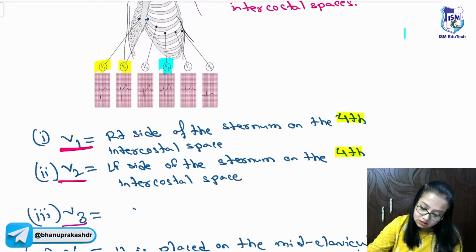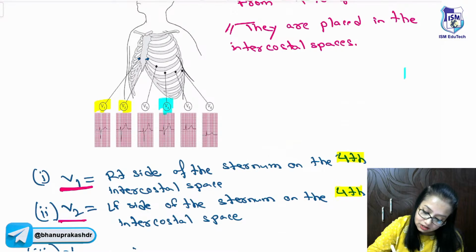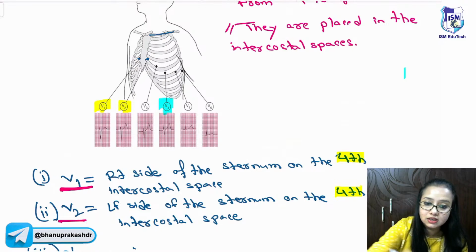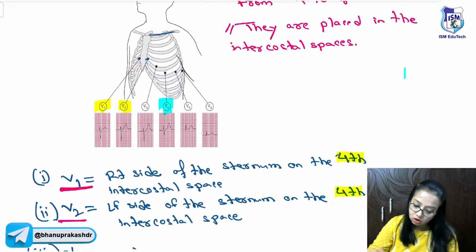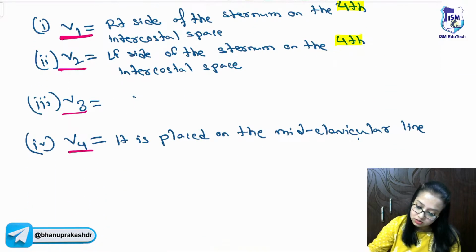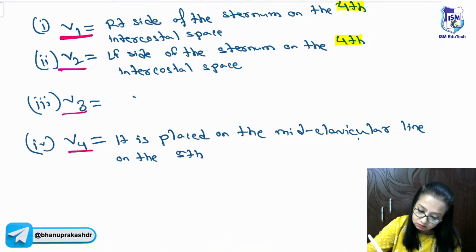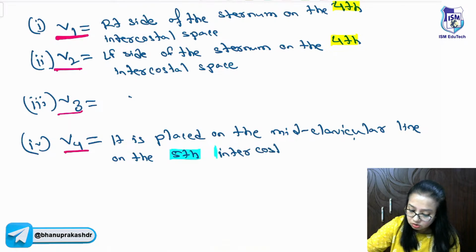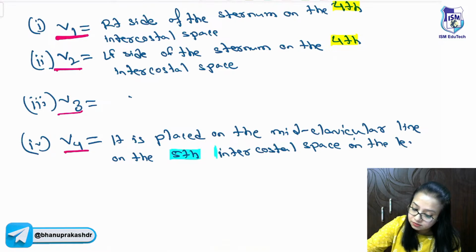Here you see, this is the clavicle. So the mid clavicular line on the fifth intercostal space on the left. Okay.